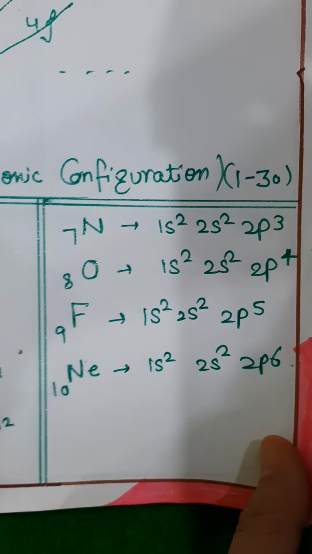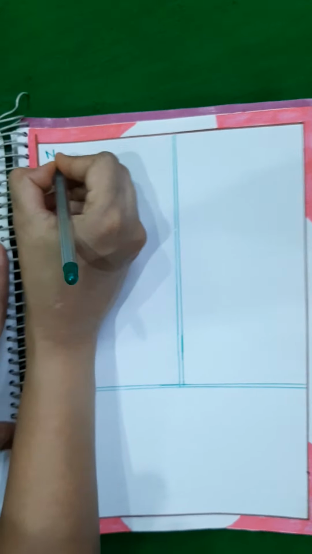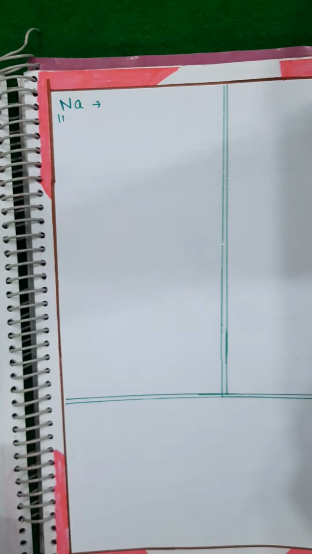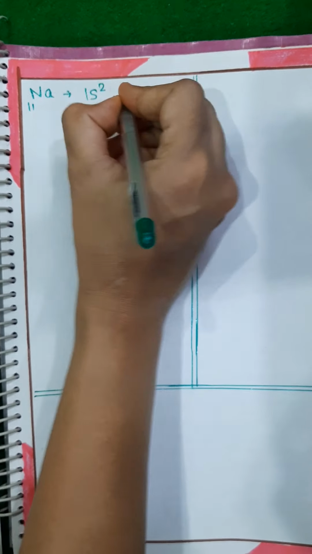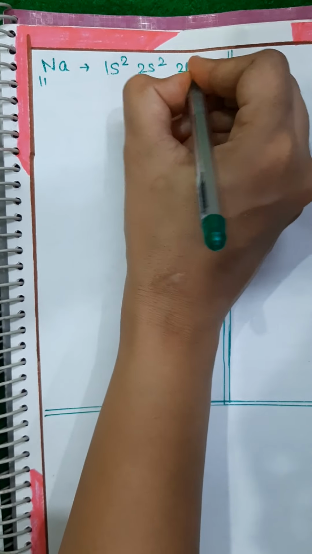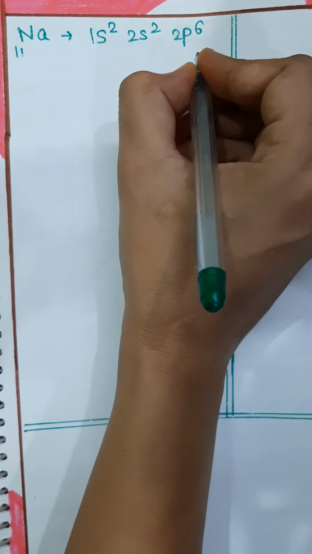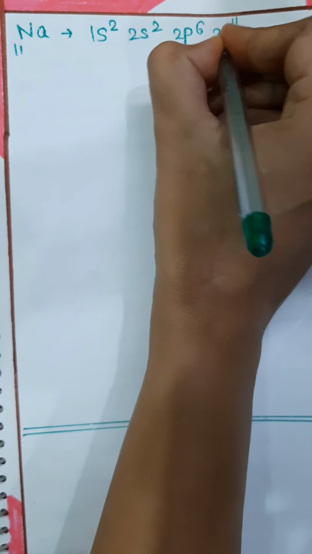Okay student, now move on. 11th is our sodium. Sodium 1s2, 2s2, 2p6. 2 plus 2 is 4 plus 6 is 10, and the next one enters into the third shell.